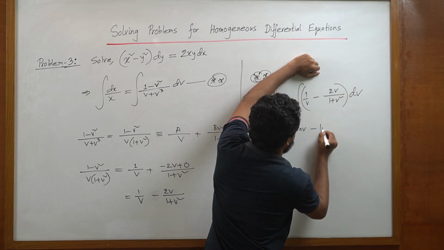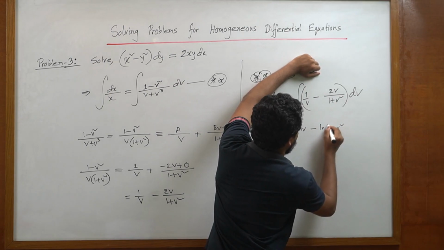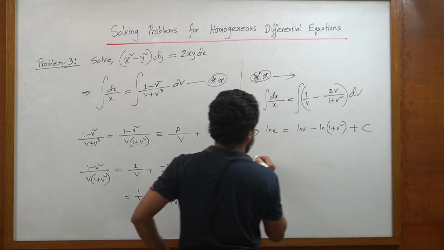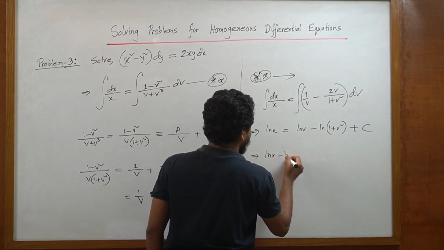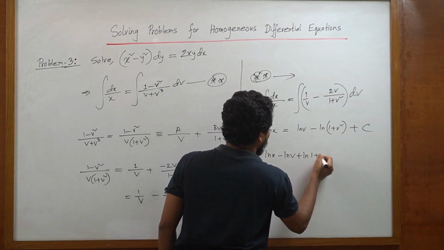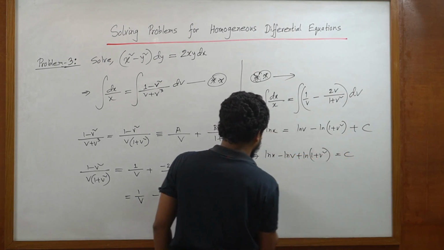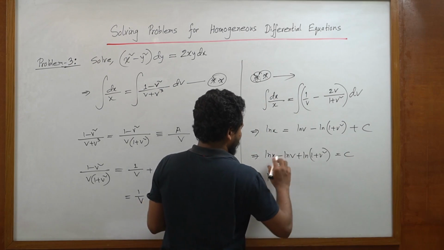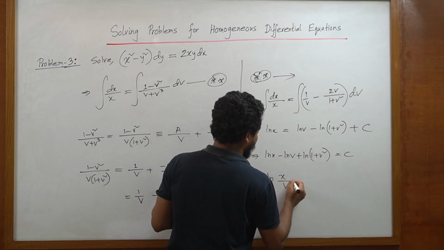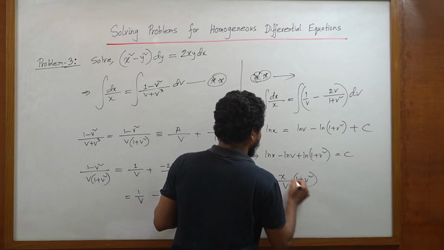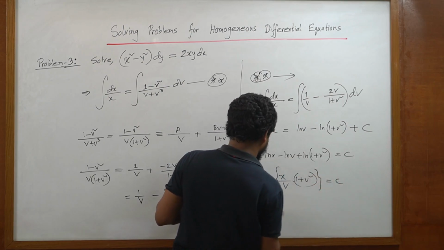So we will get minus ln (1 plus v square) plus c. Now ln x minus ln v plus ln (1 plus v square) equals c.